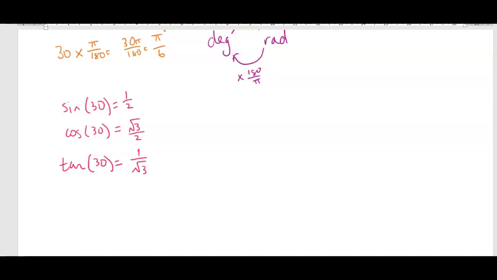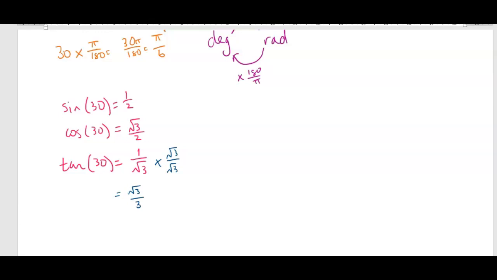Now, we don't tend to leave a surd in the denominator, so we're going to multiply by root 3 on root 3. So then we're going to be left with square root of 3. Root 3 times root 3 is root 9, which becomes 3. So tan 30 is the square root of 3 on 3.